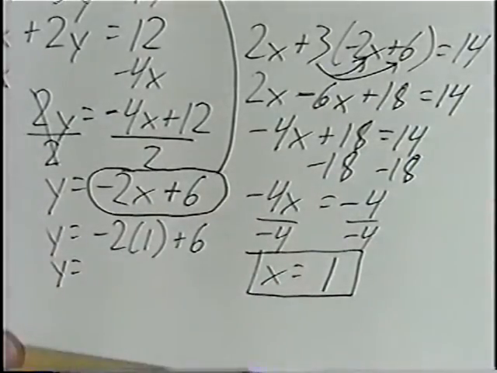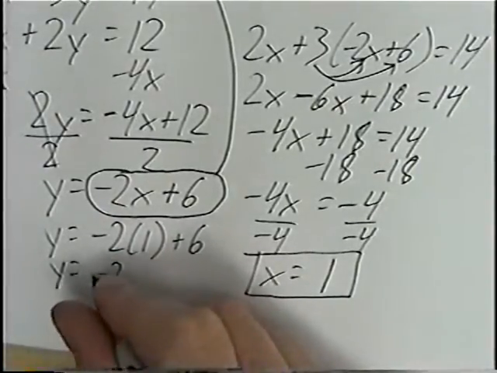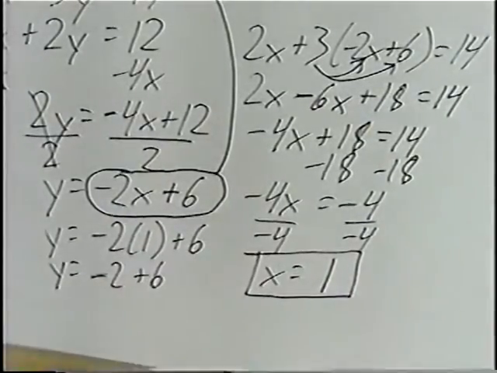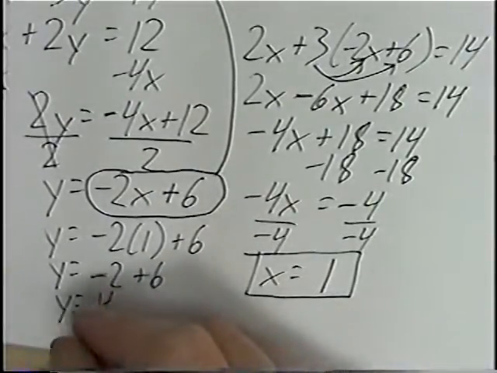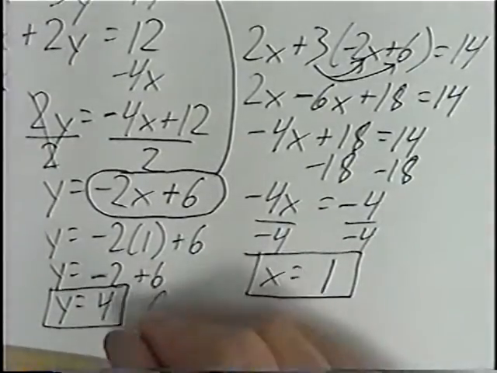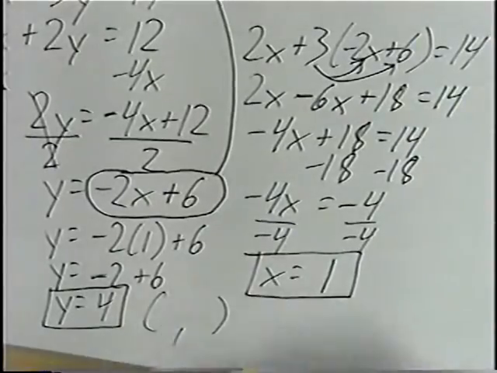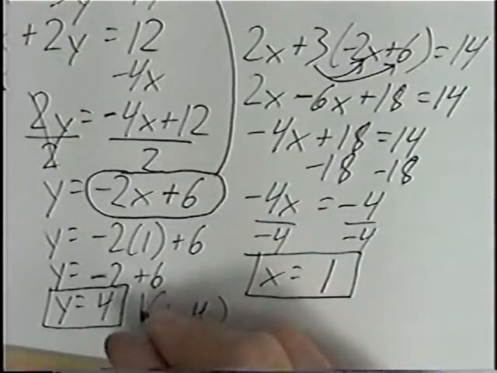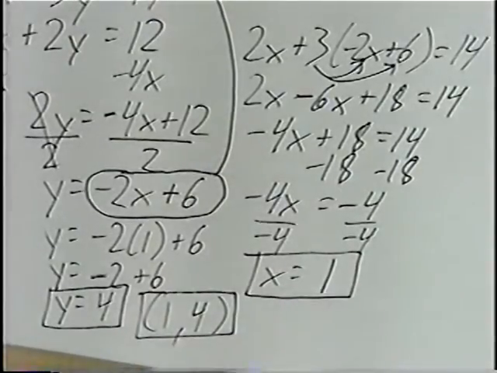So y equals negative 2 times 1, which is negative 2, plus 6. Negative 2 plus 6 would be 4. So we'll have our second answer, y equals 4. And again, you could write this as a point, x comma y, which should be (1, 4). This point again represents that these two equations would cross at (1, 4).